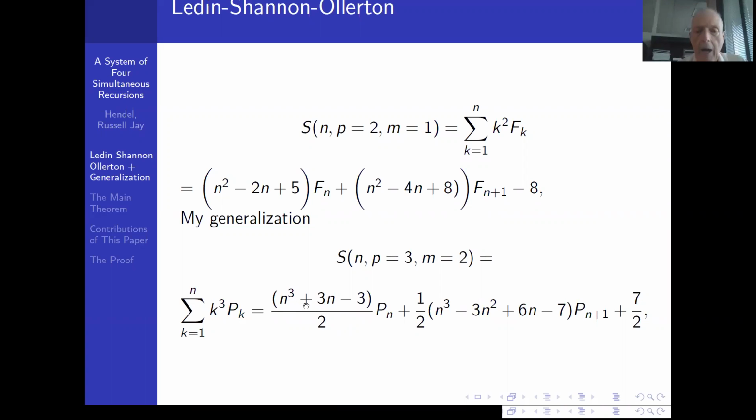And again, just as in the top line, you have a polynomial in n times Pn, plus another polynomial in n times Pn plus 1, plus a constant. So that's what you see here. And what I want to do is generalize this to all cases, all p, all m, and I want to get a nice proof. But these are the examples that motivated this.